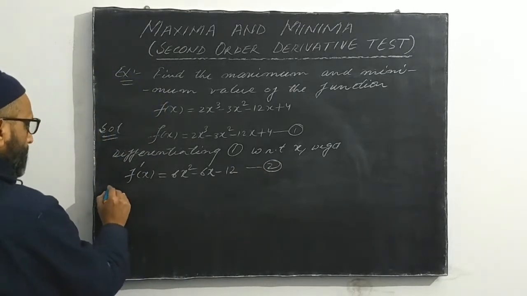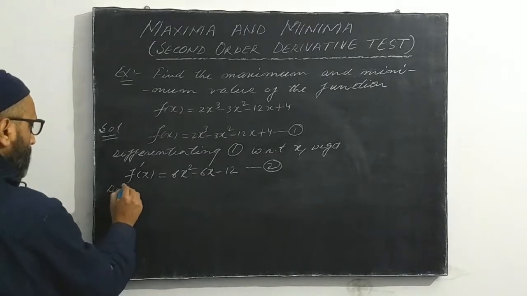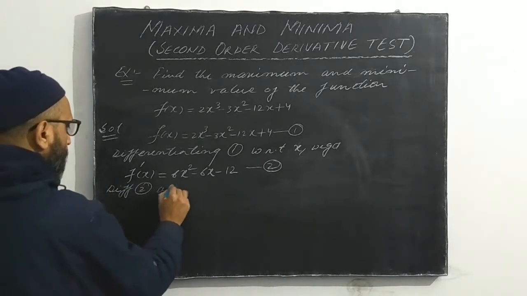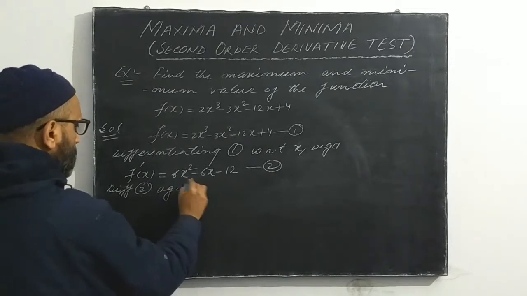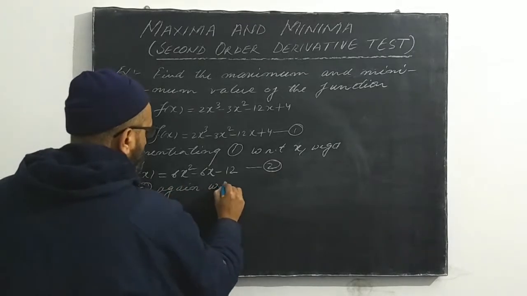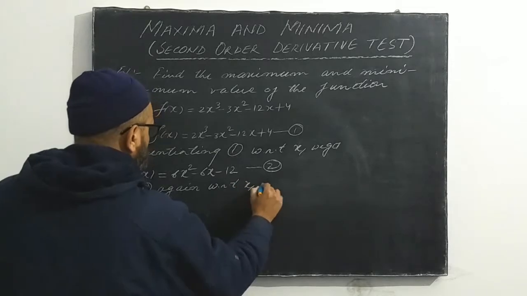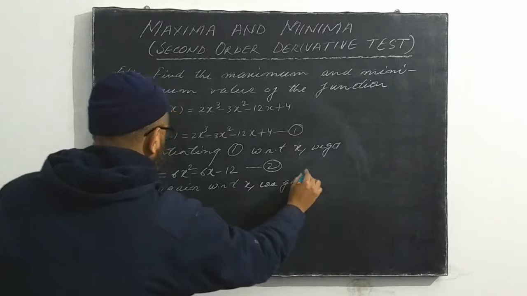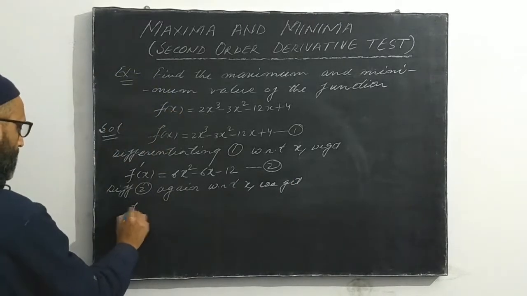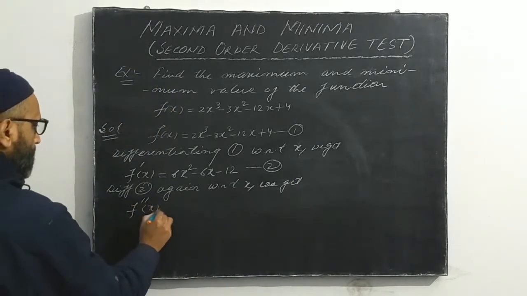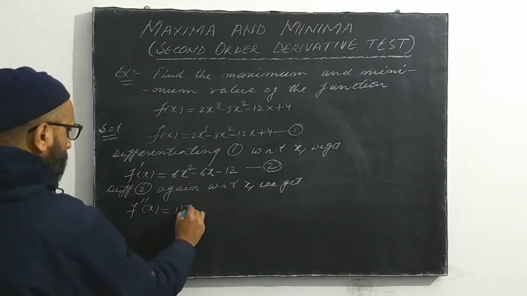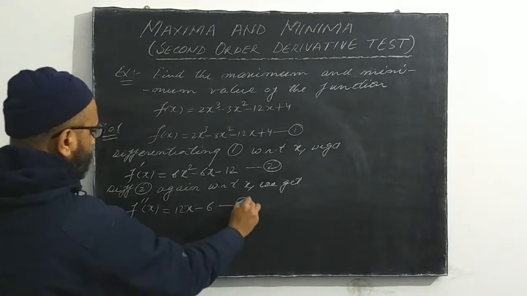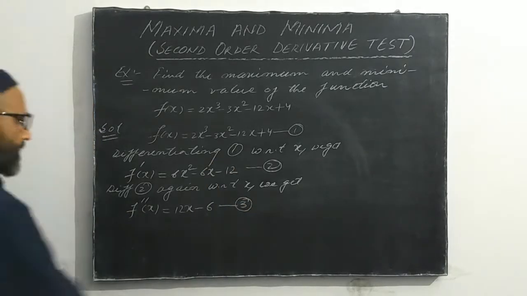Then we find second derivative of the function, differentiating equation number 2 again with respect to x, we get f double dash x is equal to 12x minus 6. Let it be equation number 3.